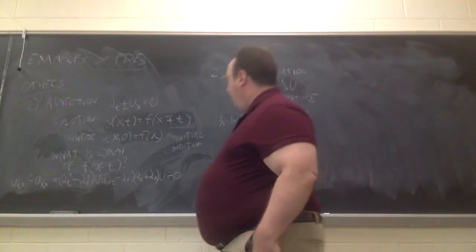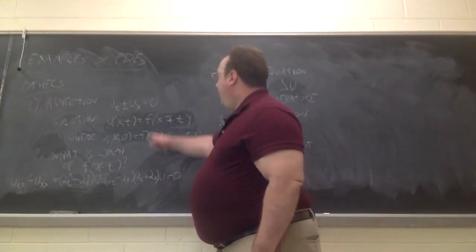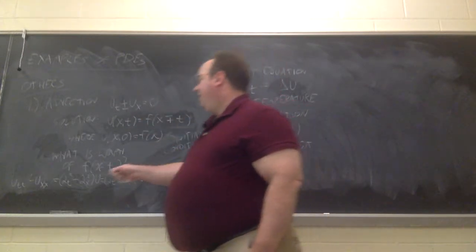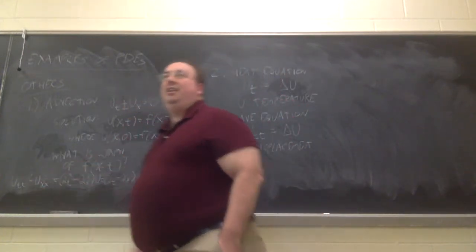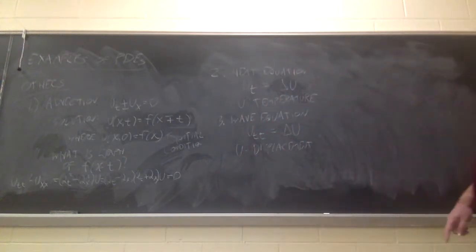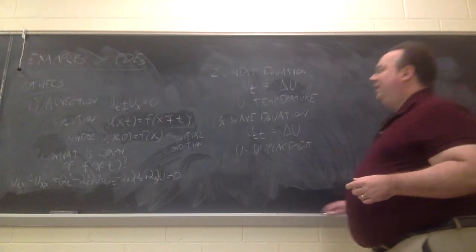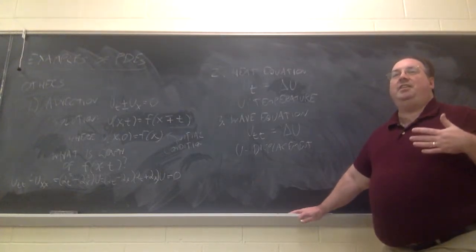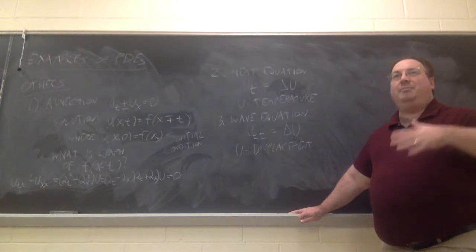So that means a wave going left or right satisfies the wave equation. And in fact, the solution of a wave equation, well, those of you who've taken a PDE class, you've seen, I'm going to pronounce it wrong, a D'Alembert solution.